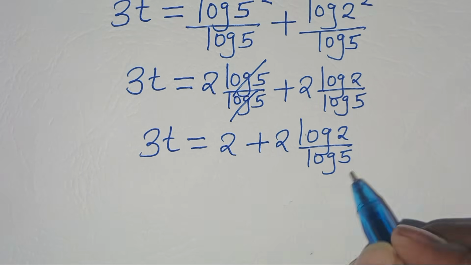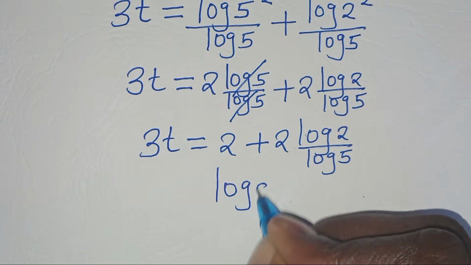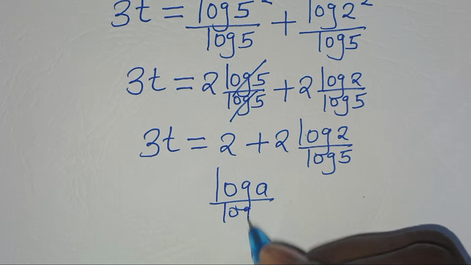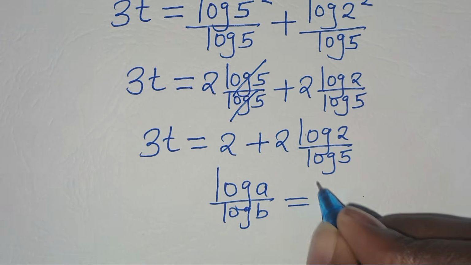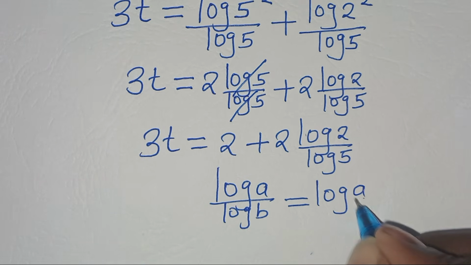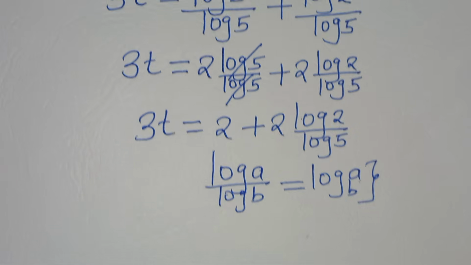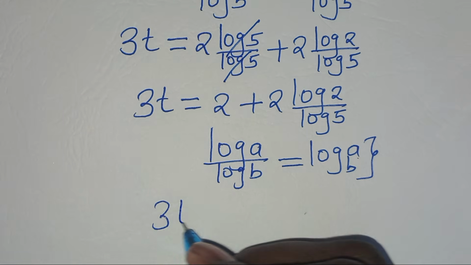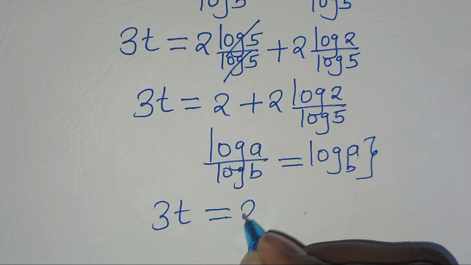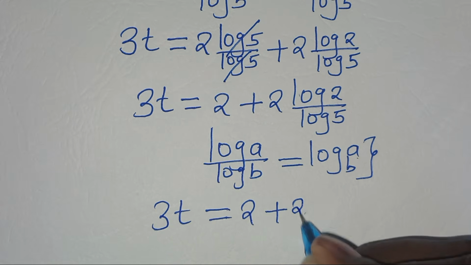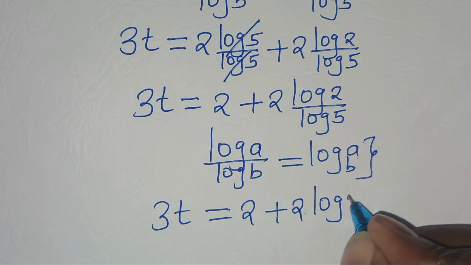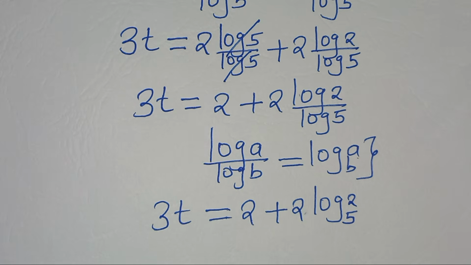So log 2 over log 5 is in the form of log a over log b, which we can express as log a to base b. So we have 3t equal to 2 plus 2 log 2 to base 5.